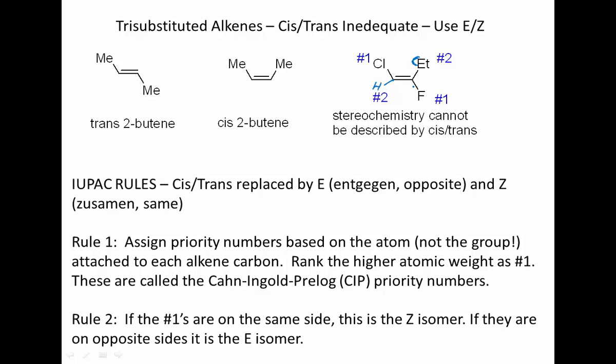Carbon has an atomic weight of 12, fluorine 19. Therefore, fluorine is heavier and becomes number 1. If the number 1s are on the same side, it's the Z isomer, and if they are on opposite sides, it's the E isomer. So this compound is the E isomer, and its official IUPAC name would be E-1-chloro-2-fluoro-1-butene.